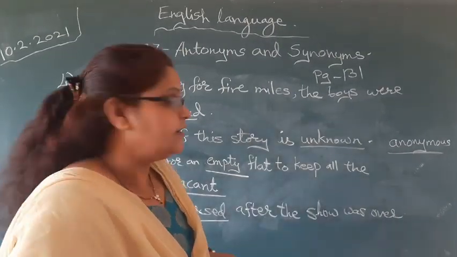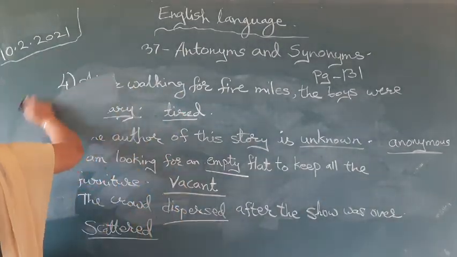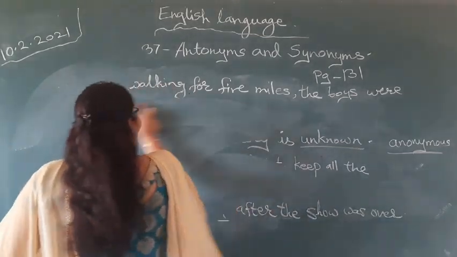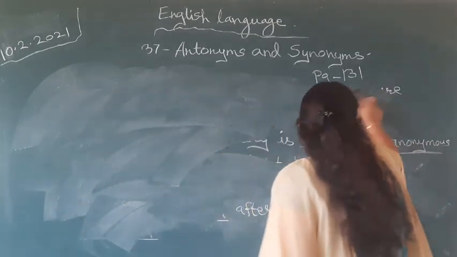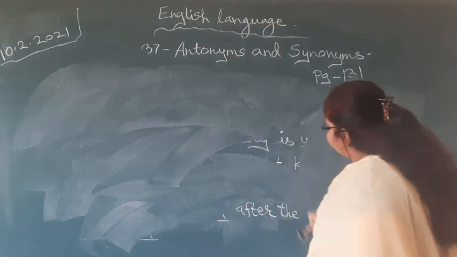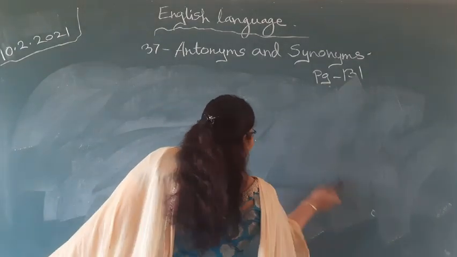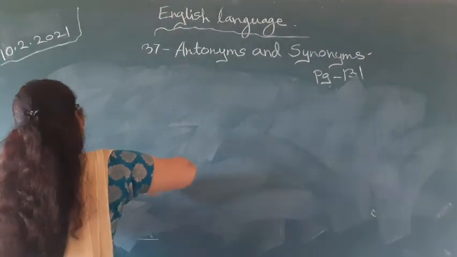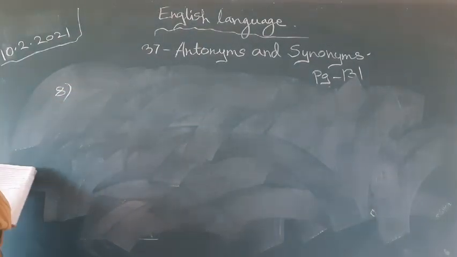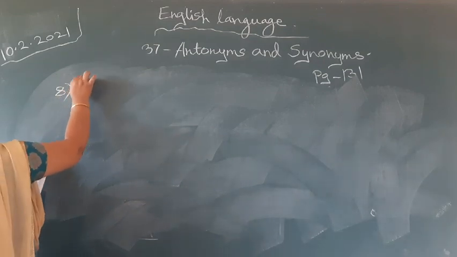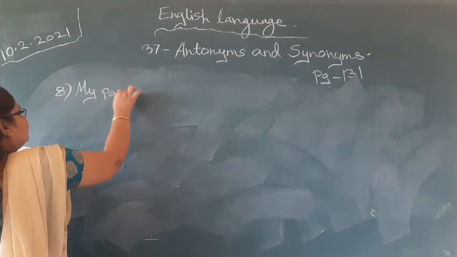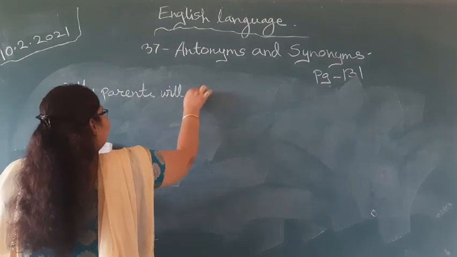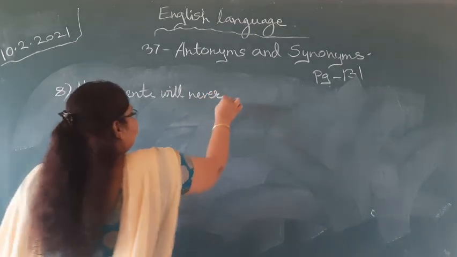Okay. Now continuing with the number 8 sentence. Sentence number 8. Up till now we have completed from 1 to 7. And we are going to continue with the sentence number 8 on same page. That is page number 132. So number 8. My parents will never permit.